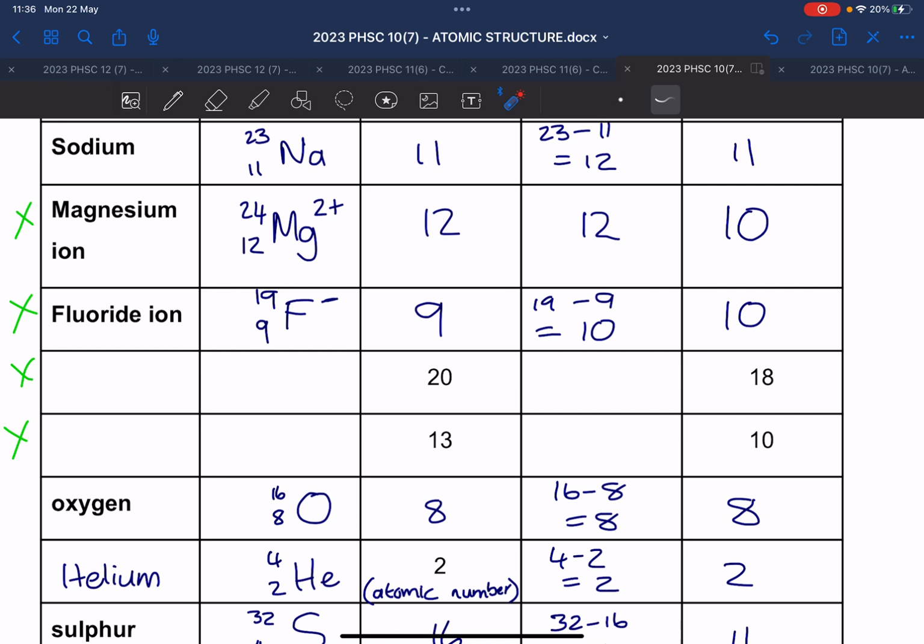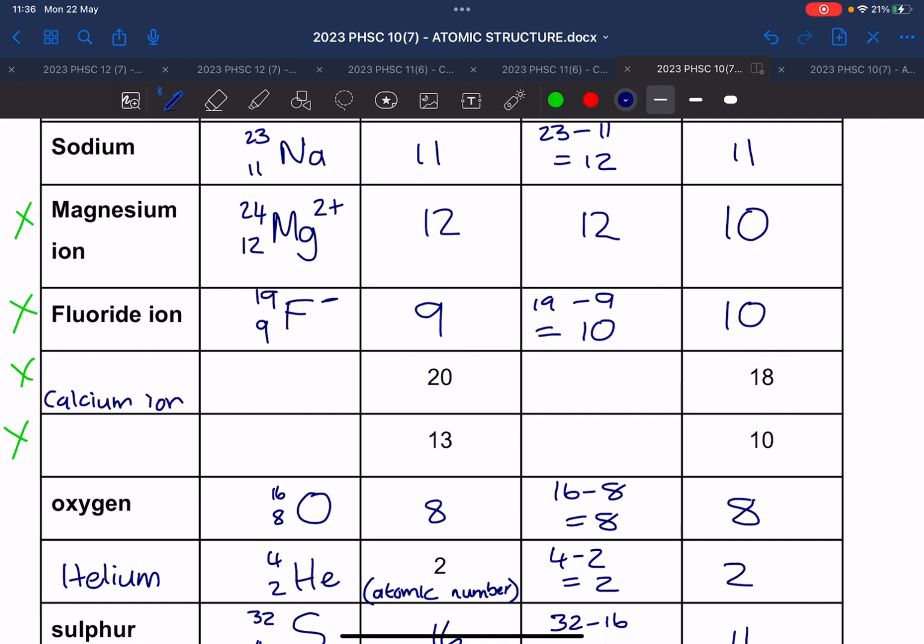Okay, next one, they only give you this and this. Which element are we busy with? Calcium. Okay, but also, you can see the number of protons and electrons differ, so it means it's a calcium ion.